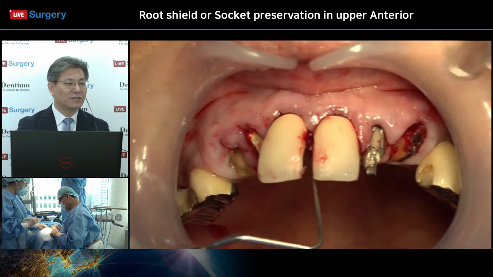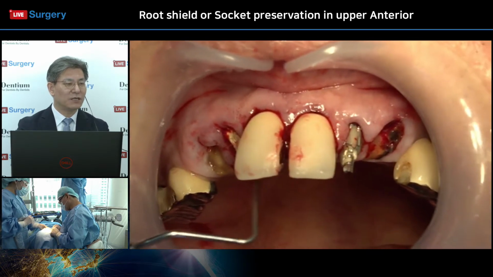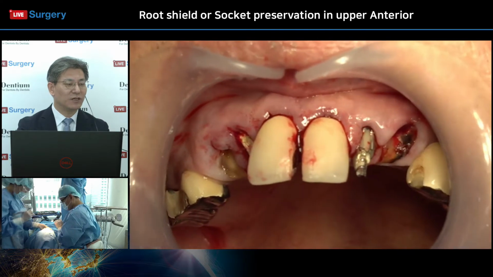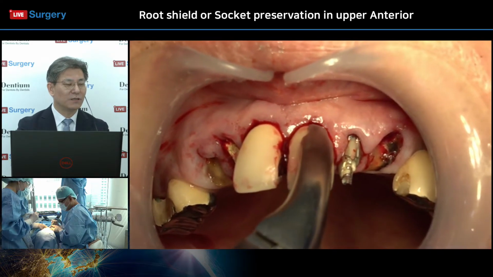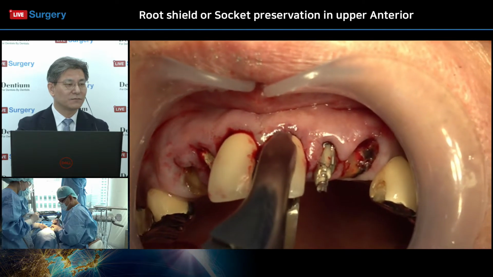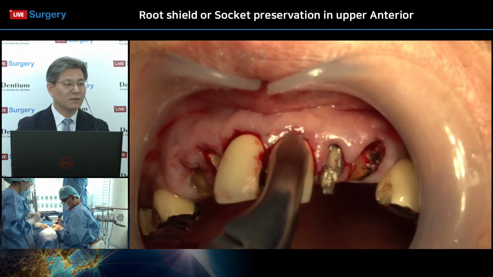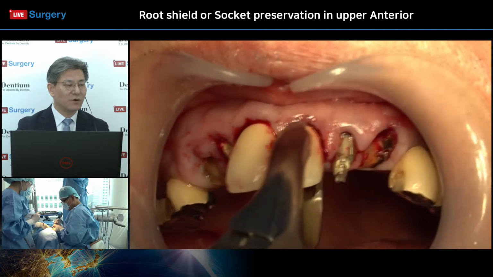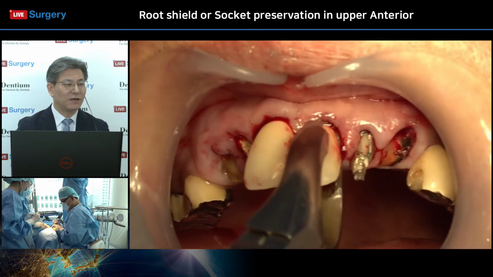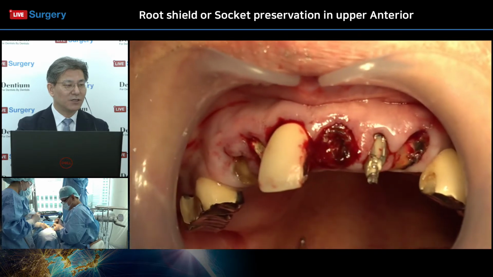Dr. Chung explained all the procedure sequences of atraumatic extraction. First, periotome and rotational movement, using extraction forceps, very gentle.